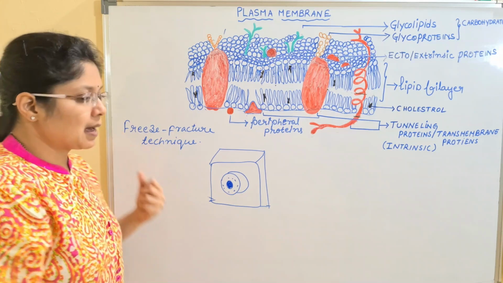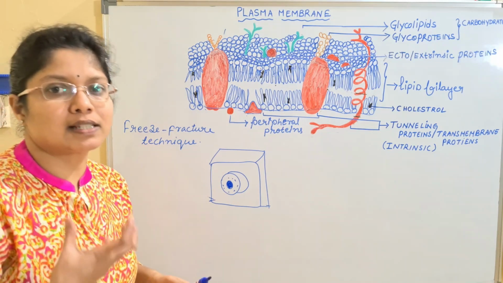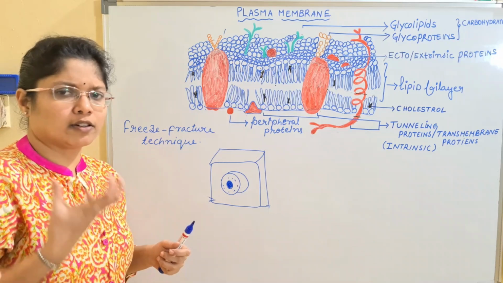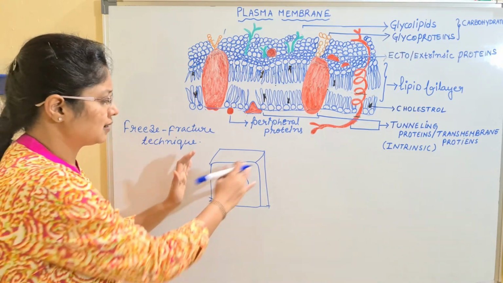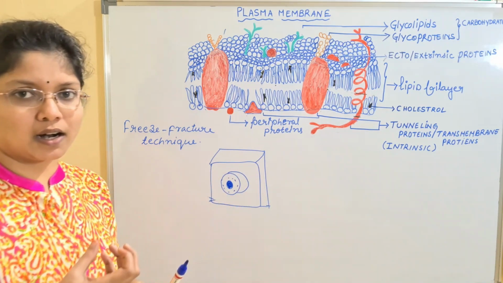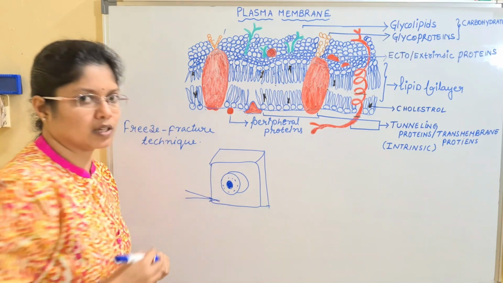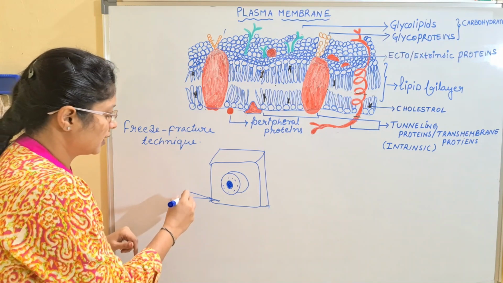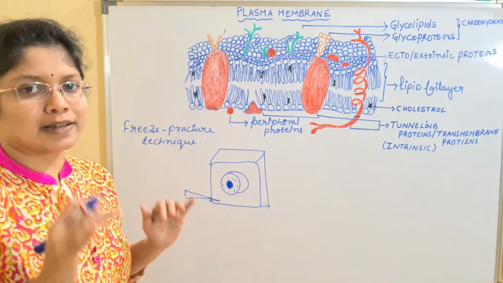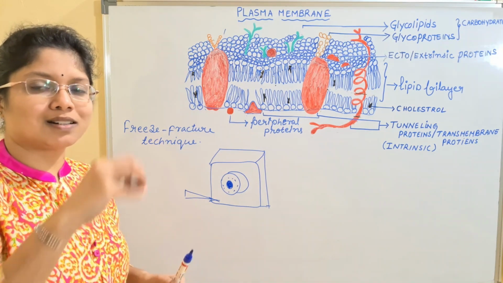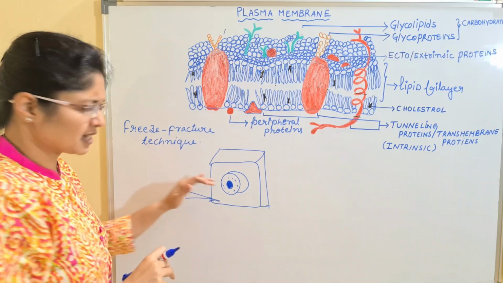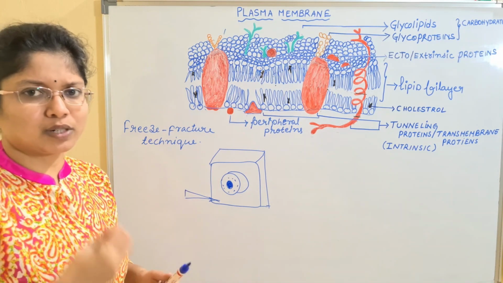Okay, so what will happen when you freeze a cell? The cell will get crystallized. Once the cell is crystallized, it will be very hard, right? Then you will fracture the membrane using a microtome knife. It is not important to learn this technique in detail, just for your understanding. I'm just explaining how these membranes are isolated and studied.